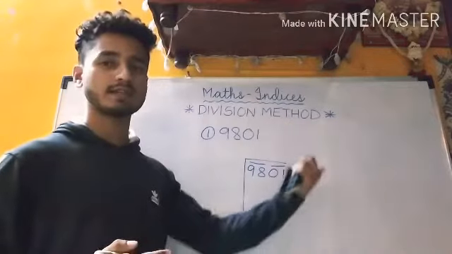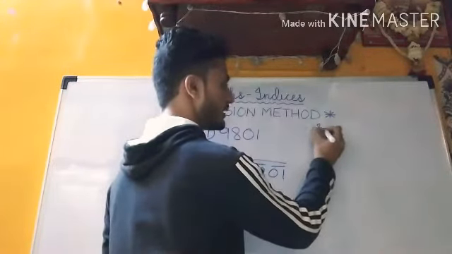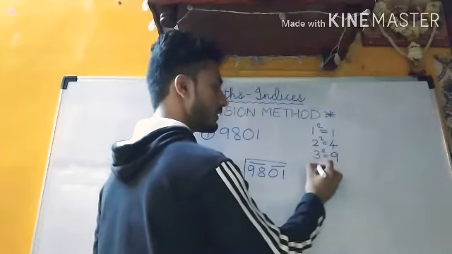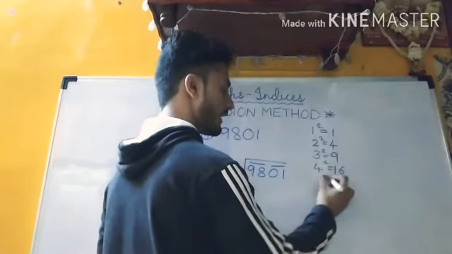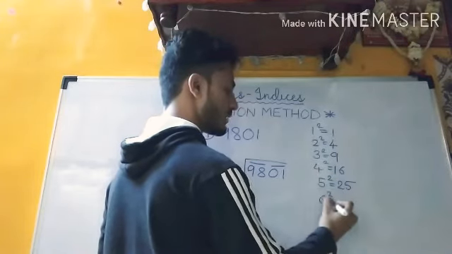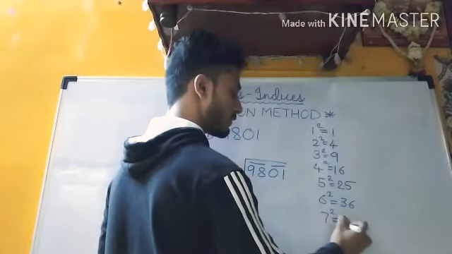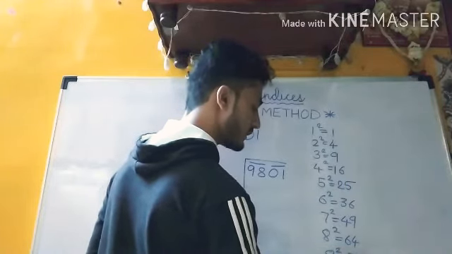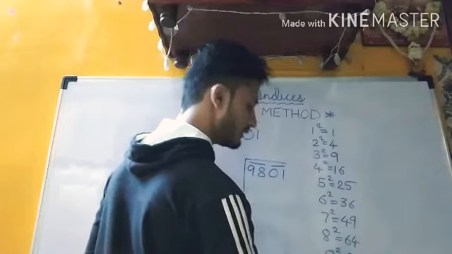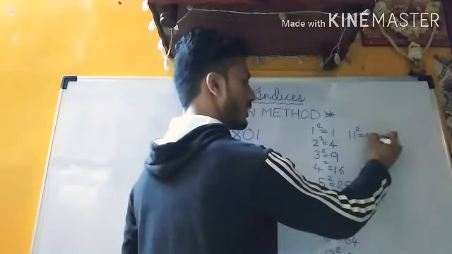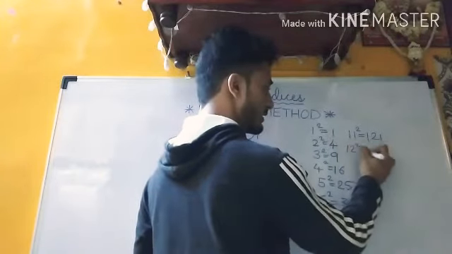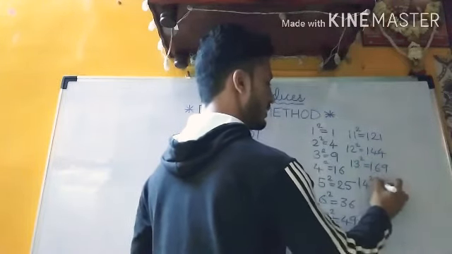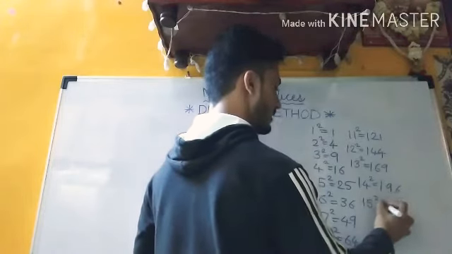So I'll just write some squares here which we are going to require. 1 square is 1, 2 square is 4, 3 square is 9, 4 square is 16, 5 square is 25, 6 square is 36, 7 square is 49, 8 square is 64, 9 square is 81, and 10 square is 100. 11 square is 121, 12 square is 144, 13 square is 169, 14 square is 196, and 15 square is 225.